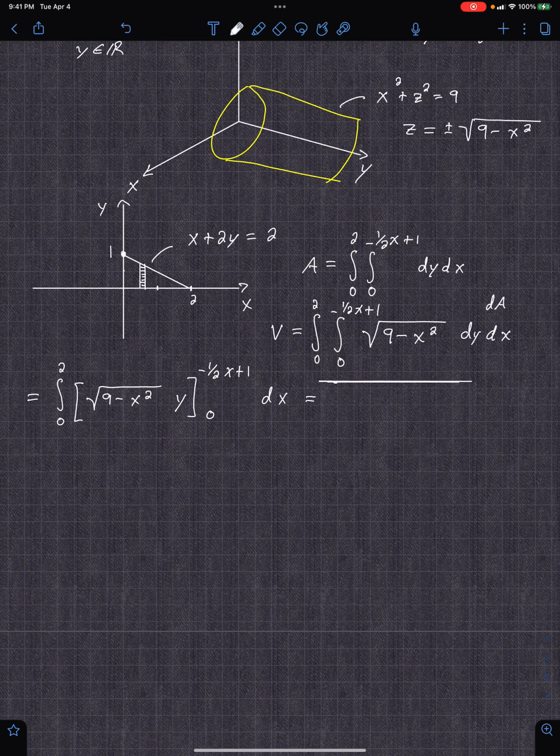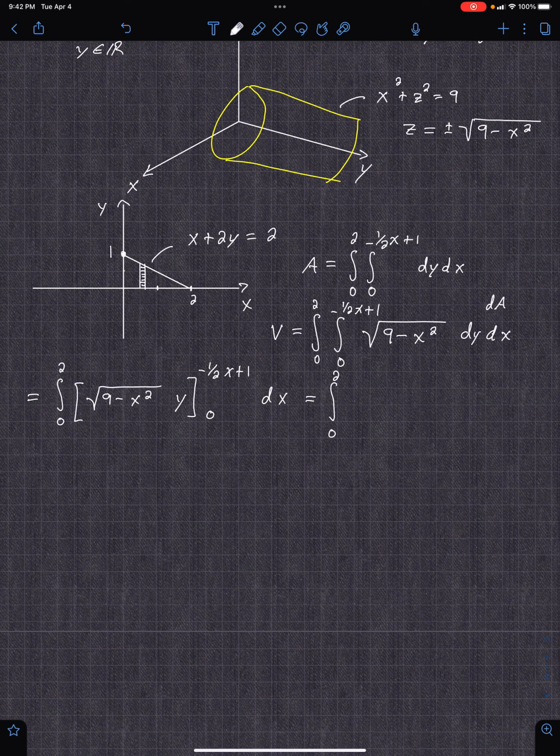Okay, now you substitute that in. So we go integral 0 to 2. And now you're just plugging in the y.